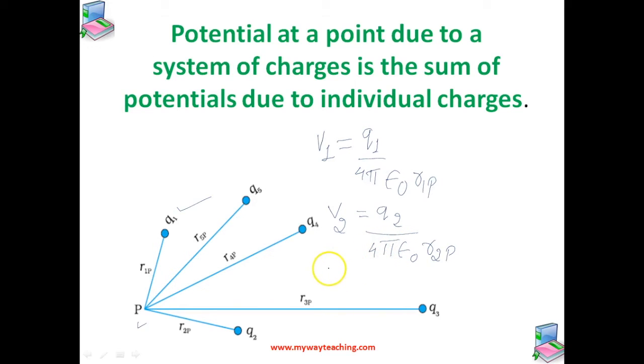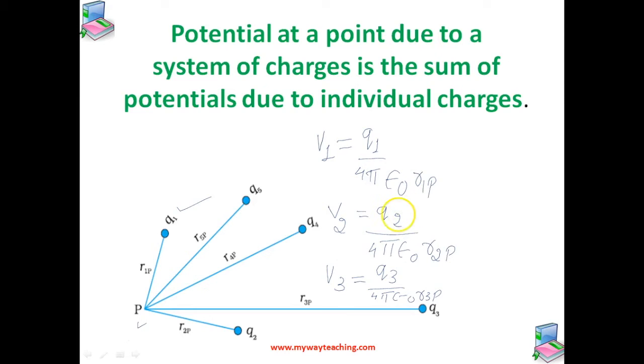And similarly, if you consider potential at point P due to charge q3 is given by q3 by 4 pi epsilon naught r3P, where r3P is the distance between charge q3 and the point. So here, and for potential due to other charges, the equation continues like this only.